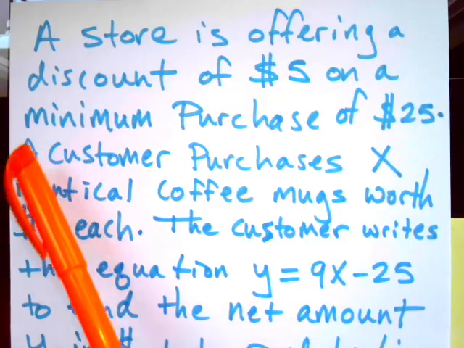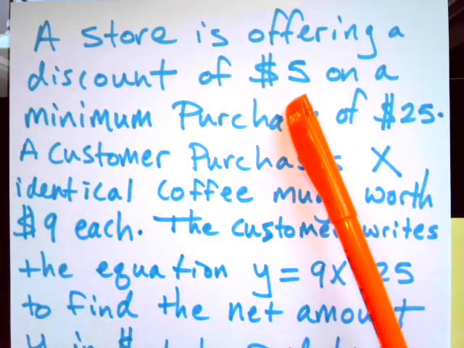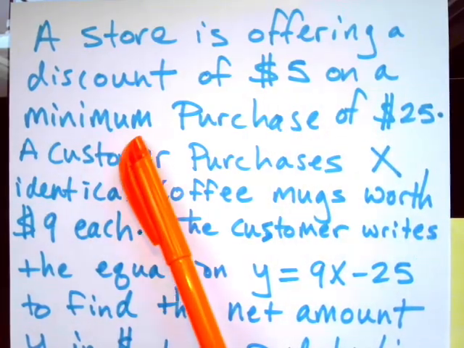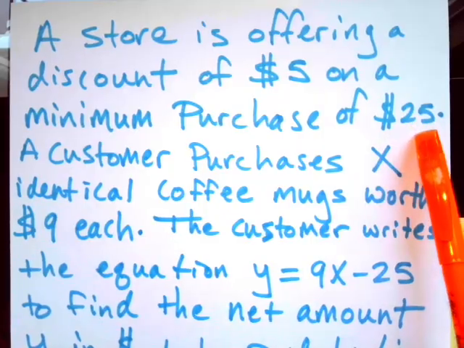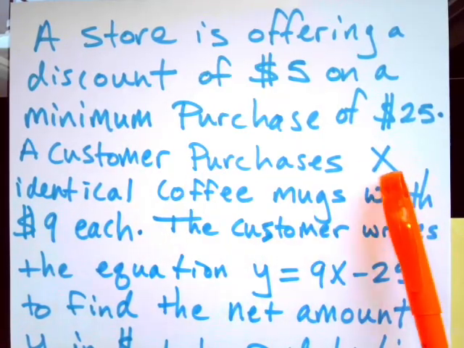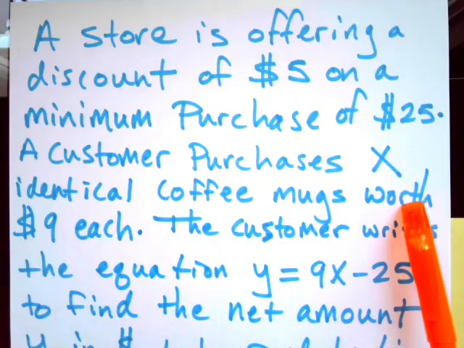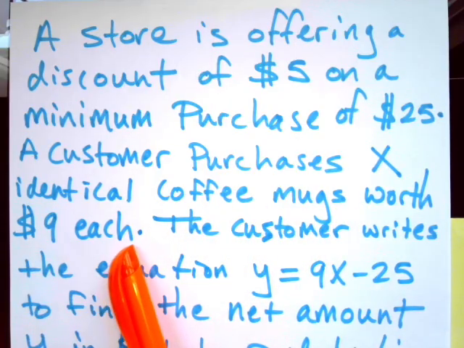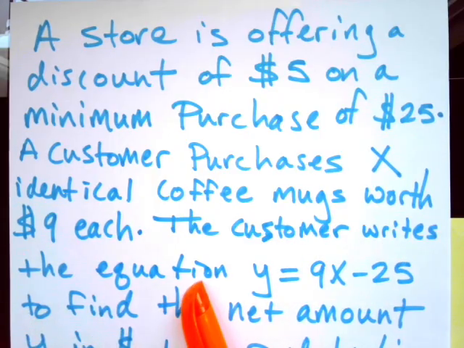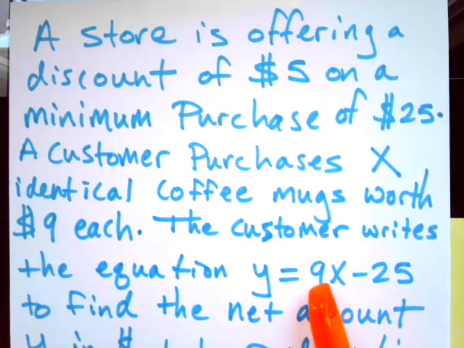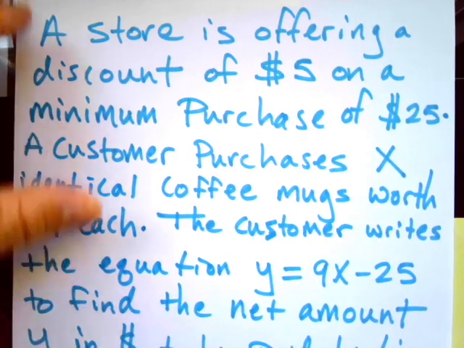All right. So let's just get started. A store is offering a discount of $5 on a minimum purchase of $25. A customer purchases x identical coffee mugs worth $9 each. The customer writes the equation y equals 9 times x minus 25.